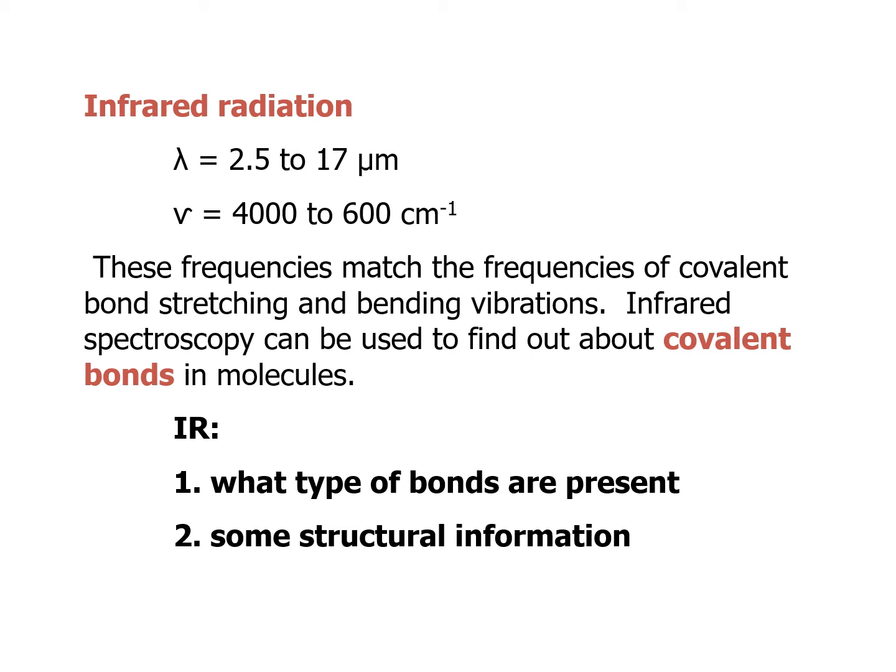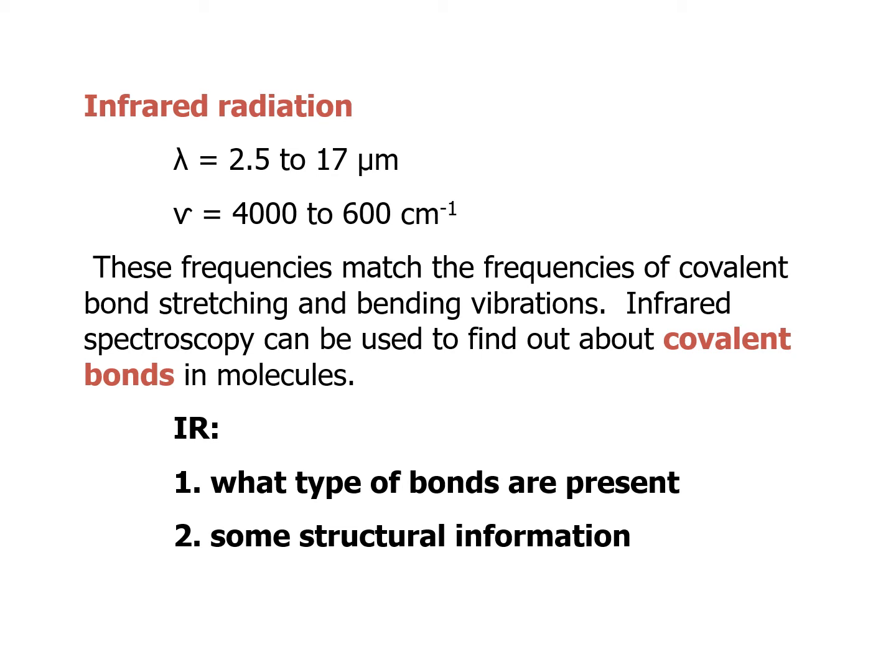So the interesting thing here is that frequency range matches exactly the stretching and bending vibration energies that molecules have for stretching bonds, bending bonds, stuff like that. And what IR spectroscopy does is it irradiates your molecule in question with a broad spectrum of IR radiation, and depending on the frequencies of the bonds in that molecule, it'll either absorb or transmit the radiation.